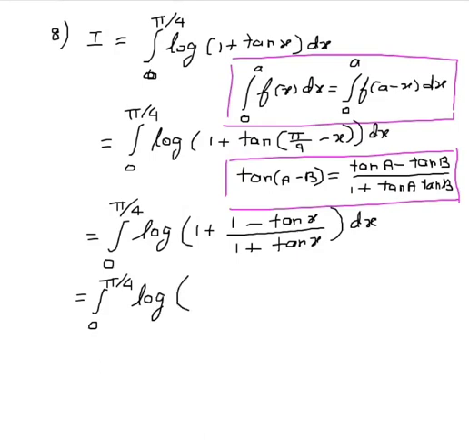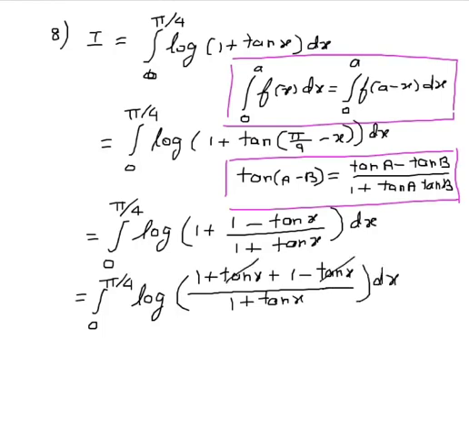Log of, take LCM, we get 1 plus tan x plus 1 minus tan x. Integral 0 to pi by 4, it becomes log of 2 divided by 1 plus tan x dx.